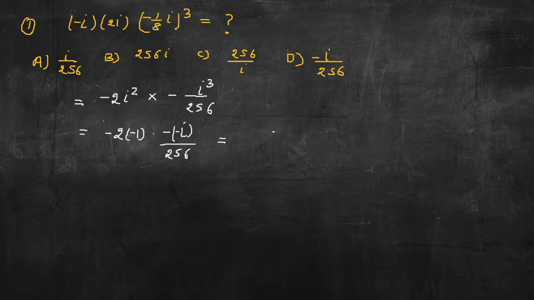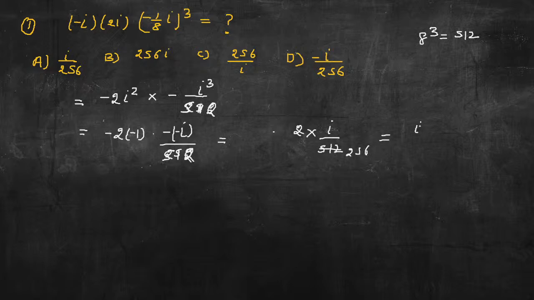Minus minus becomes plus, so the remaining part becomes 2 into iota divided by 512. Now you cancel, it becomes iota by 256. So iota by 256 is the right answer for this question. So option A will be the right answer.